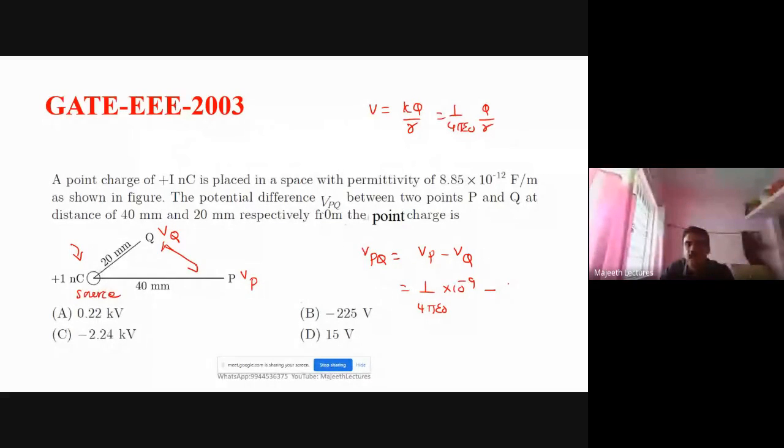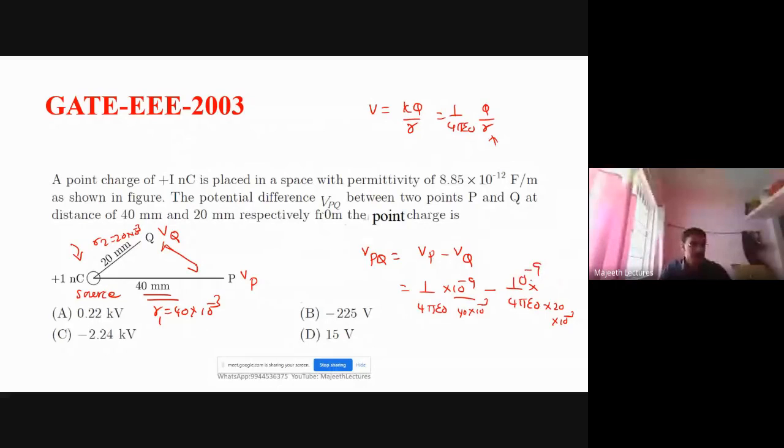VQ is again 1 by 4 pi epsilon naught into Q by R. R is the distance between source and P, so R1 is 40 into 10 power minus 3. Here R2 is 20 millimeter, so 20 into 10 power minus 3. Again, the source is 10 power minus 9, 1 nanocoulomb.